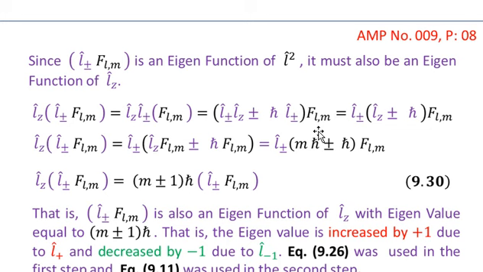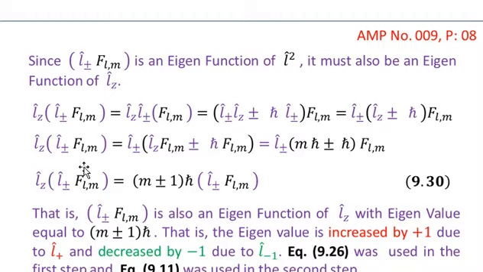And you know that L plus-minus can be taken as a common term from this parenthesis, but it will be taken common on the left hand side. So I have the L plus-minus operator, and then the parenthesis contains Lz plus-minus h bar, and then I have the wave function on the right hand side, which is FLM.